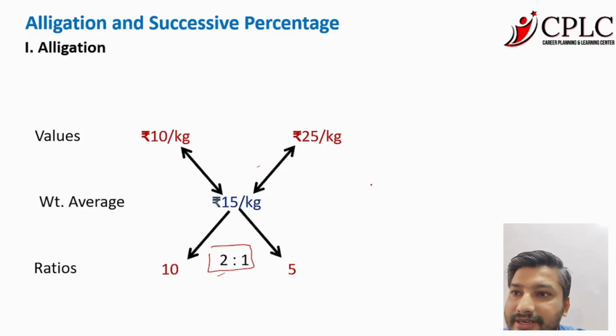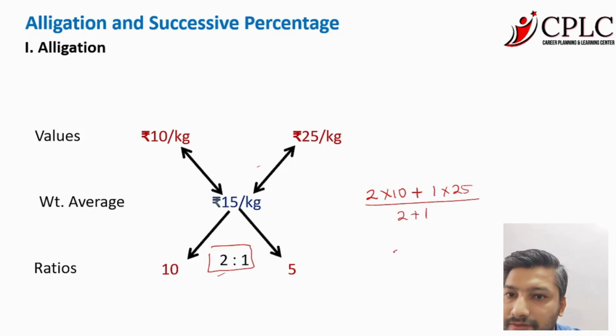Now if you remember, I said that this is exactly the opposite of weighted average, so we can also verify this answer using weighted average. Now how do we do that? Let's also try and understand that. For example, 2 kilos of 10 rupees and 1 kilo of 25 rupees, and if you mix them, you are going to have 3 kilos of mixture.